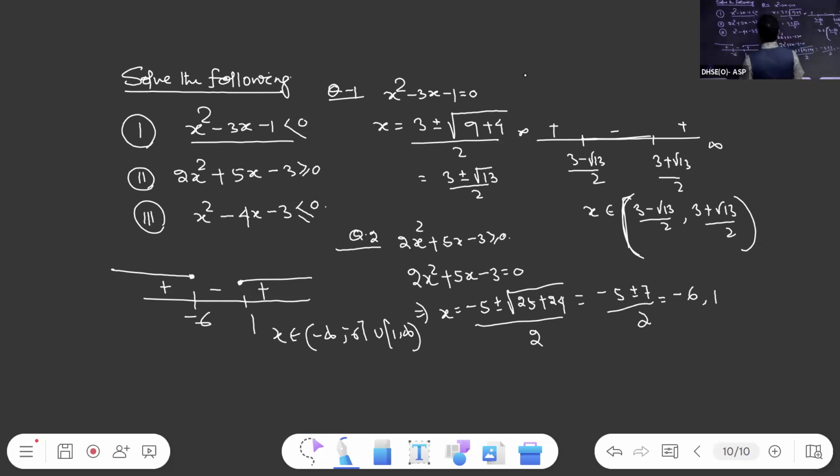Then come to the third question: x square minus 4x minus 3 less or equal to 0.